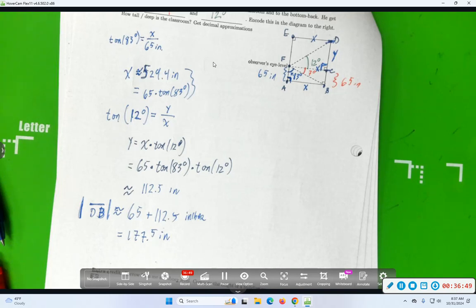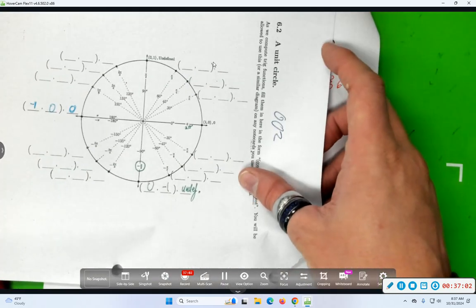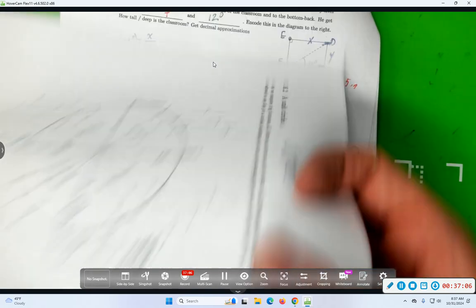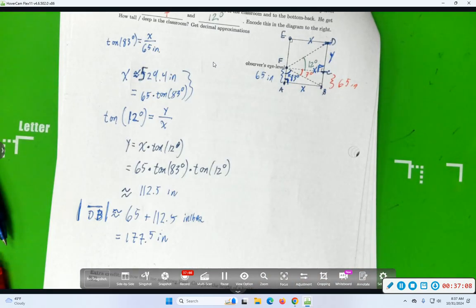I want to use the fact that I can know some facts about triangles to determine trig functions at some inputs. So what I want to do is fill in the remaining entries in this unit circle, at least the ones in quadrant 1, by drawing some triangles.